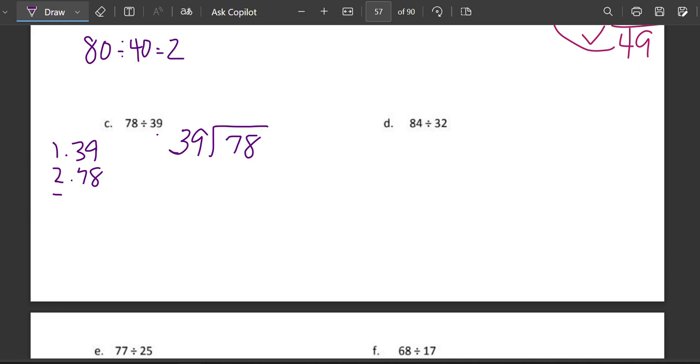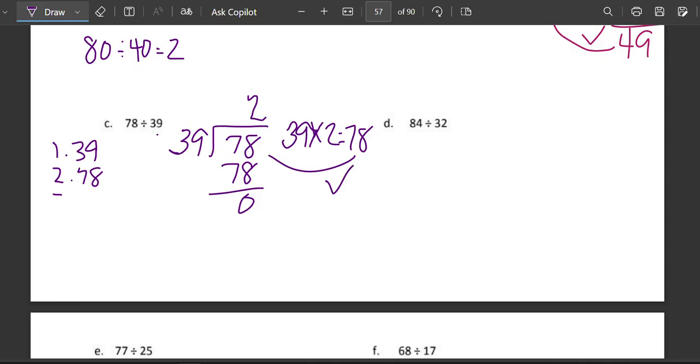Well, there you have it. So the answer here will be 2. We'll check it. 39 times 2 equals 78. That checks.